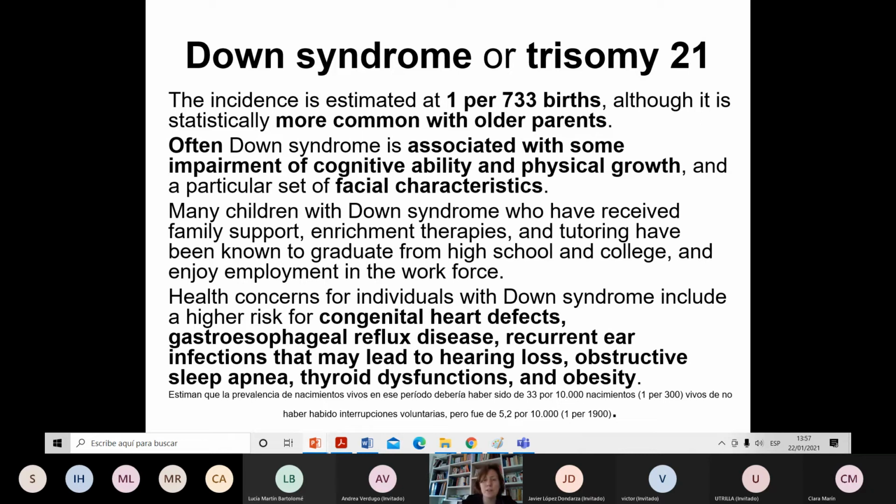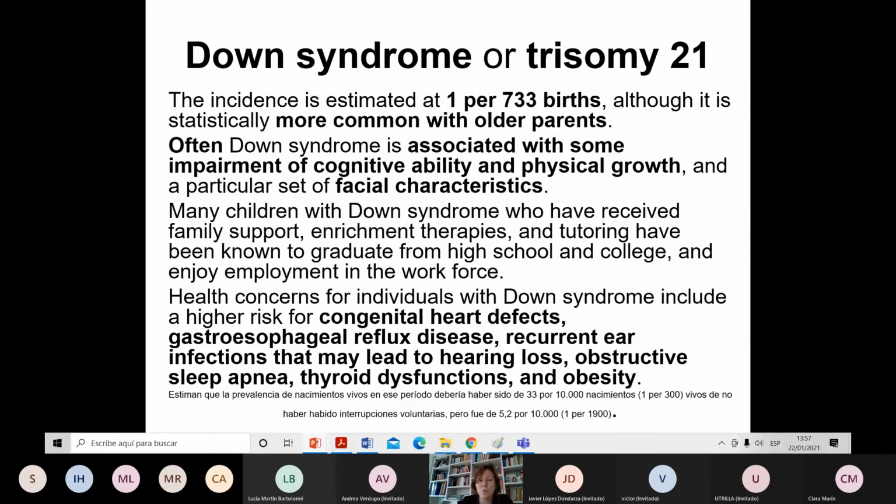This is not a part of the biology class, but I wanted you to be concerned with all these syndromes, because sometimes we panic when we think of having someone with these syndromes in the family.